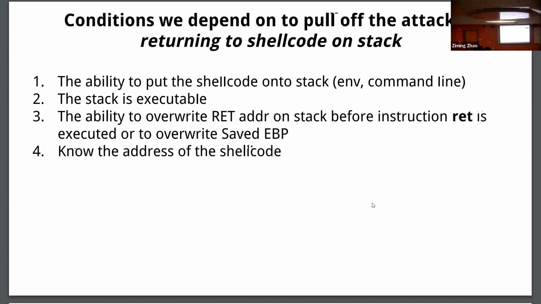And there are so many different code pointers in the address space. Some of them are not return addresses, they're just function pointers. If we can override that and make the program call that function with an overridden function pointer, then we can still push the program to execute our malicious code.